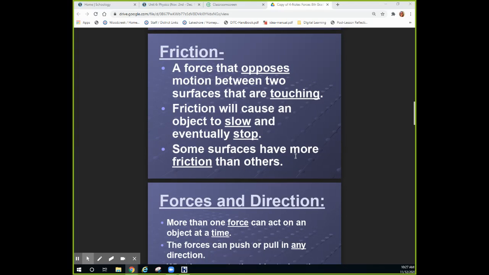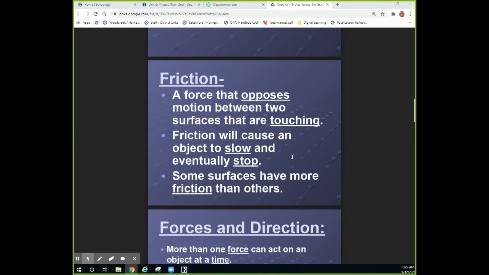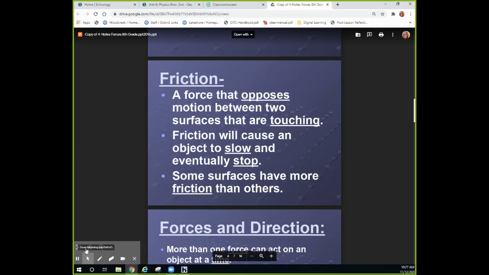Some surfaces have more friction than others, like sandpaper. Think about carpet versus hardwood or wood floors. Floors with carpet or floors without carpet. When you're running around in your socks, do you slide around more on the wood floors or do you slide around more on the carpet?